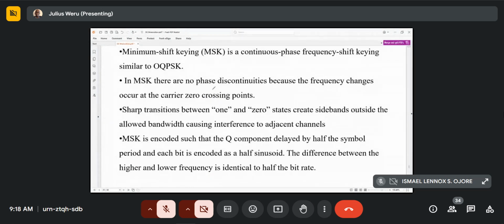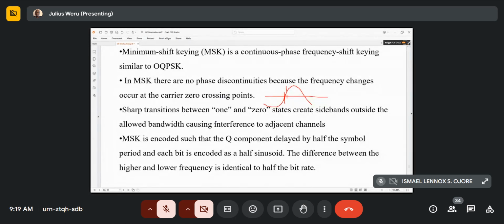There are no phase discontinuities because frequency changes occur at the carrier zero crossing points. You want your changes to occur there as you are crossing, so there will be continuous phase. We want to avoid phase discontinuities. That is the whole idea.